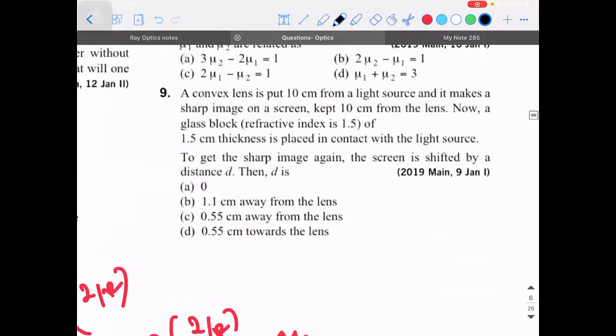So we'll do one last problem. Let's try this instead.